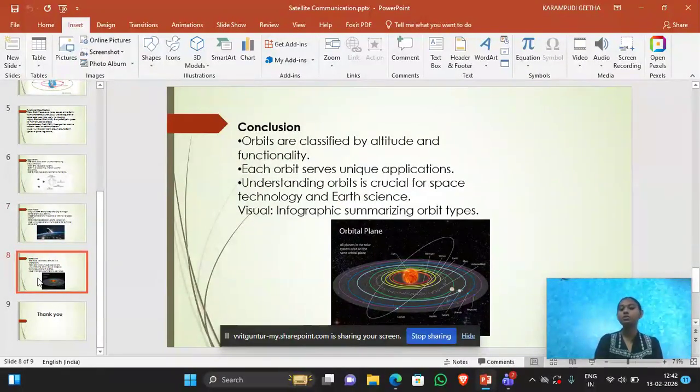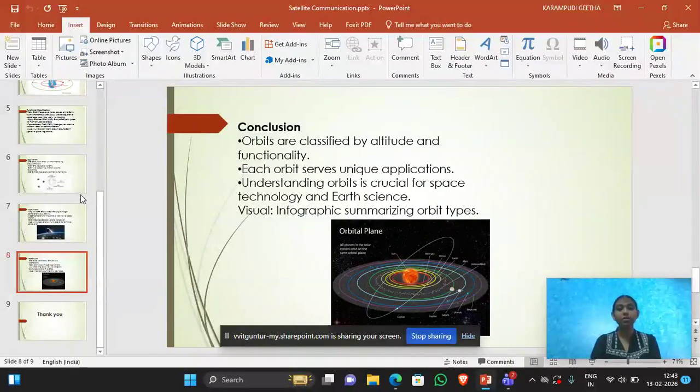And in the conclusion we see the types of orbits, rotating altitudes, each function, and applications. The main question in this topic is why satellites are placed only in LEO, MEO, and GEO orbits.